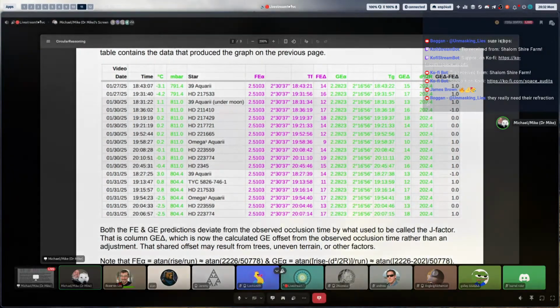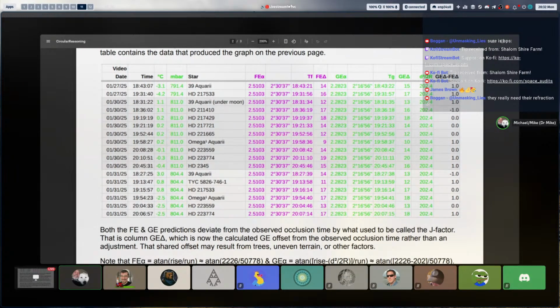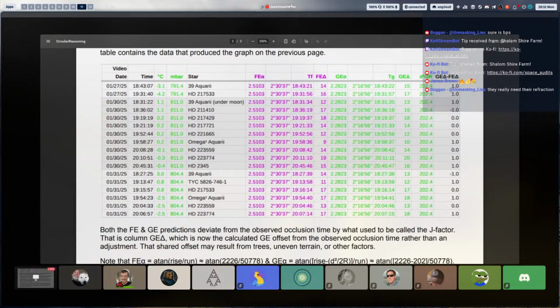That's correct. In the GE delta column, that is what used to be called the J factor, because at the time I didn't know where it was coming from. I now know that the GE delta is the difference between the globe Earth prediction for occlusion time and the actual occlusion time.